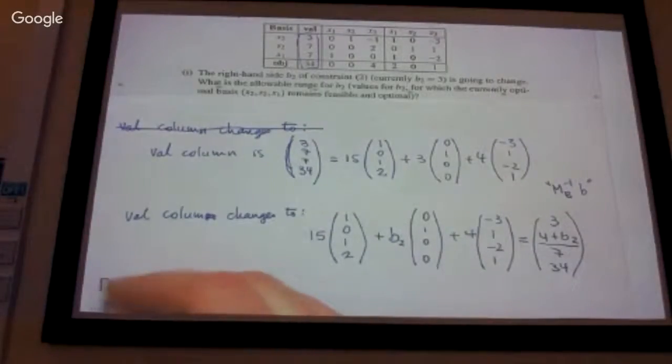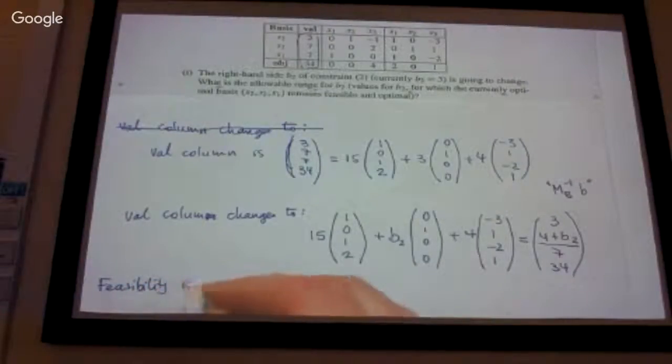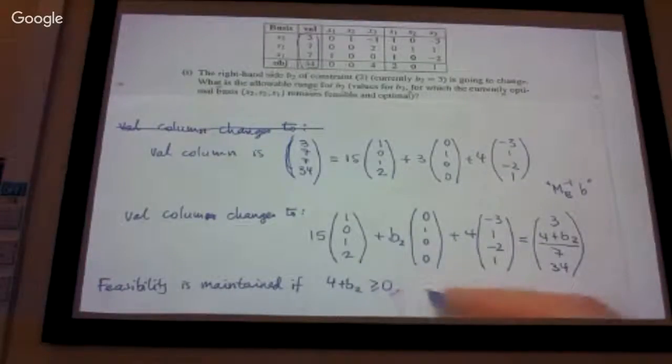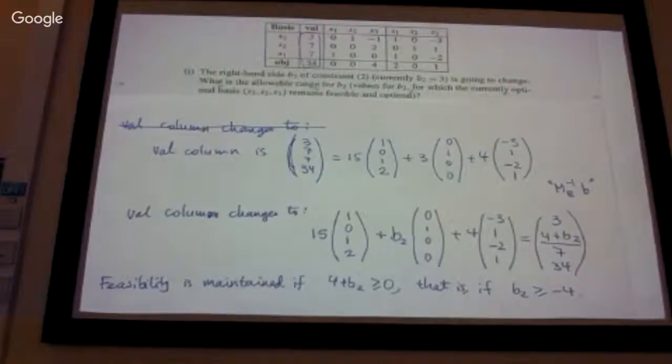So feasibility is maintained if that is not negative. If the right-hand side is -4 or more, we don't have to do anything.